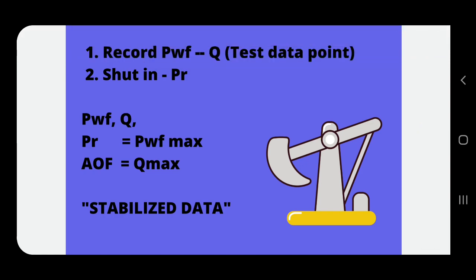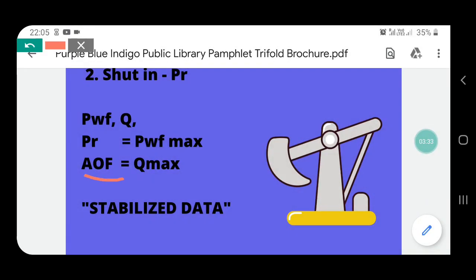Also there is one thing called AOF, which is an abbreviation of absolute open flow, which is nothing but the maximum flow rate at a condition, and that condition is characterized when PWF is equal to 0.